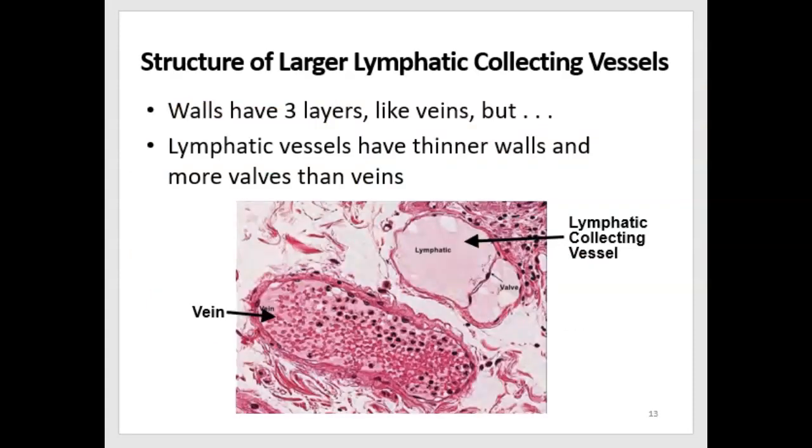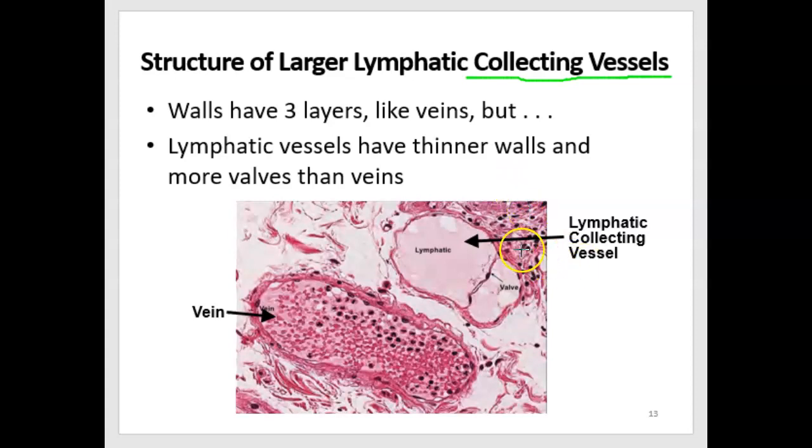Okay, let's talk a little bit about lymphatic vessels that are larger than capillaries. We'll go to the lymphatic collecting vessels. These have walls similar to the walls of veins with just 3 layers, a tunica intima, a tunica media, and a tunica externa. And like veins, they have valves on the inside that prevent backflow.